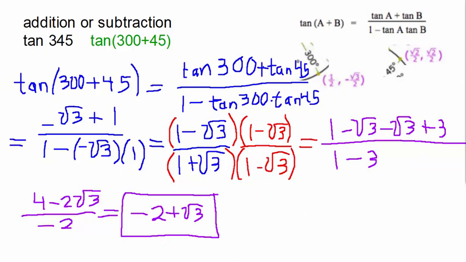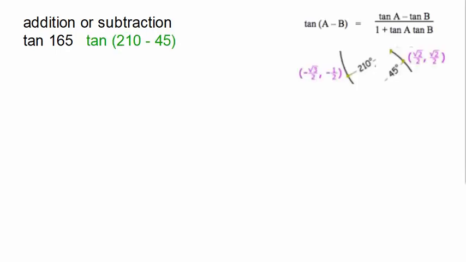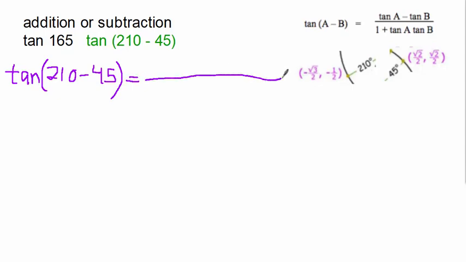There's also an equation for subtraction. So we'll do 165 and trying to figure out how to do that with subtraction. If I add 45 to it, I'll get 210. So we have 210 and 45 here. And we're going to set up tangent 210 minus 45, subtraction.